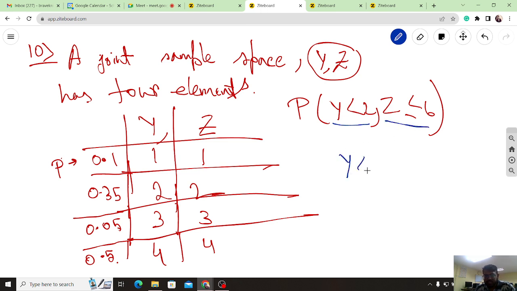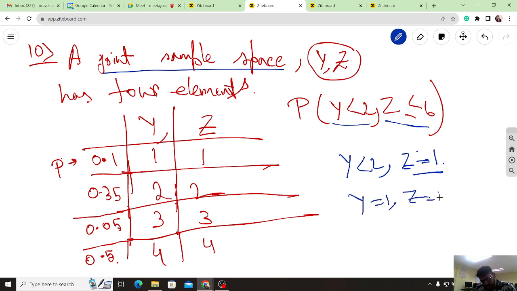So y less than 2, and if this happens, from this joint sample space we can say that z is also less than 2. The only possible region for this is z equal to 1, because for y equal to 1, z equal to 1.